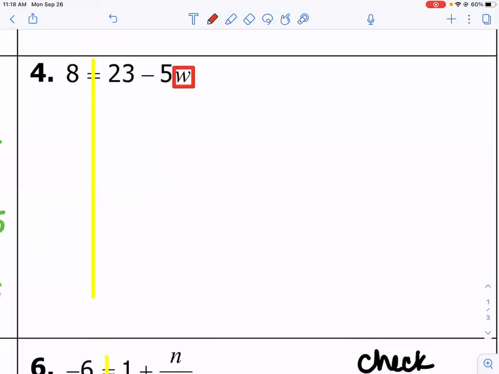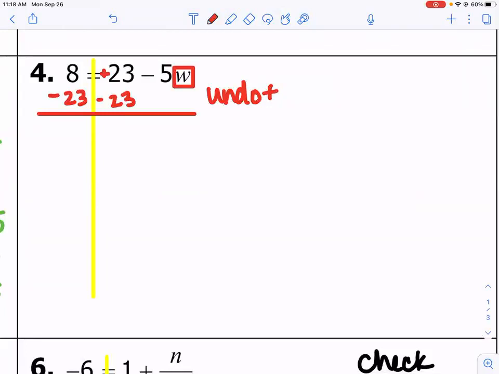Okay. It is correct. I know that there's a minus right here, but this minus is attached to the 5, which is attached to the W. If I want to get rid of this 23, technically it's a positive 23. So if I want to cancel it out, then we need to subtract 23 from both sides.